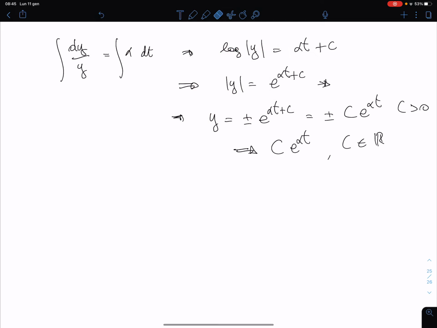So another example. First, let me give two definitions that are important. They are just names. The first name is general integral.